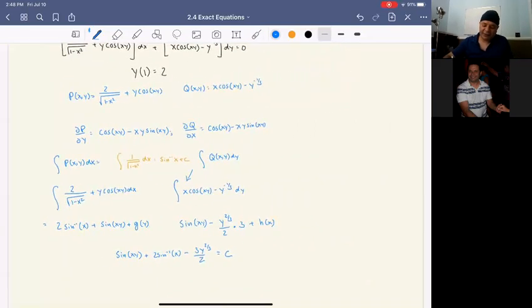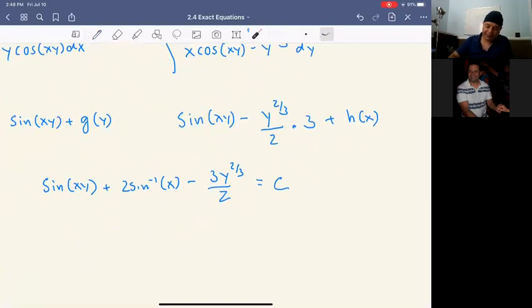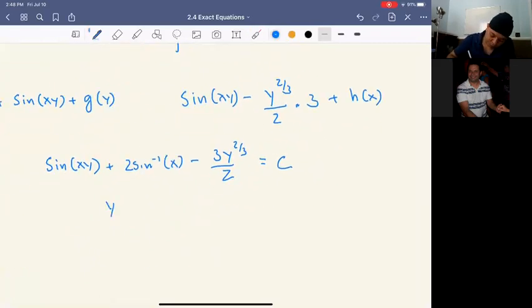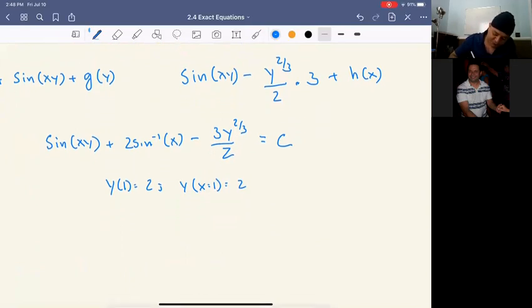But now let's look at this initial condition. The initial condition that I hope works was y of 1 equals 2. So let's put that in. You can think of that as y when x equals 1 is equal to 2. So we're going to plug in x equals 1 and y equals 2. We get sine of 2, which is just a number, we'll just keep it around.